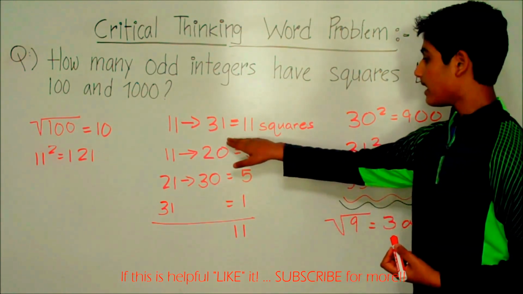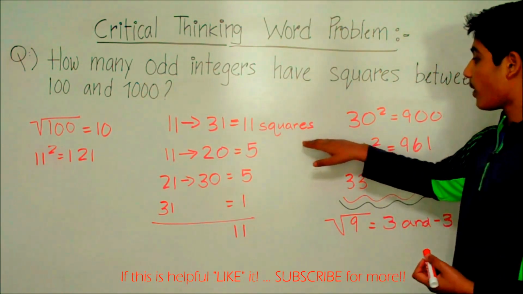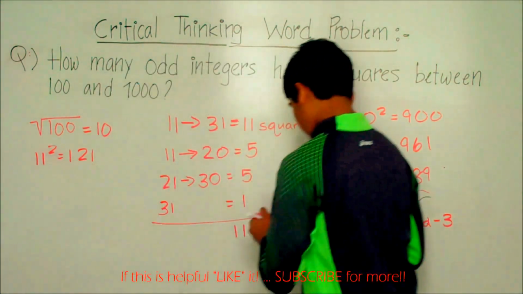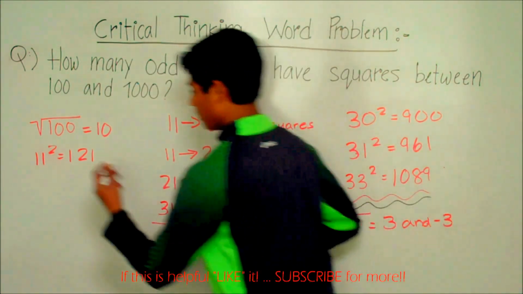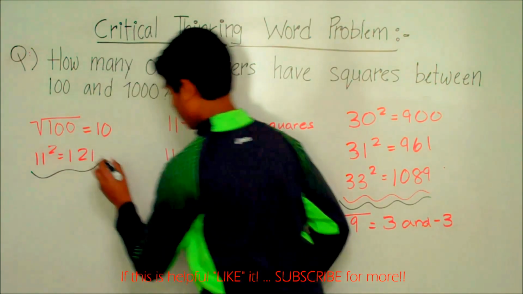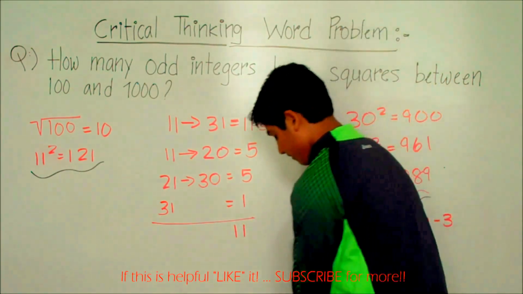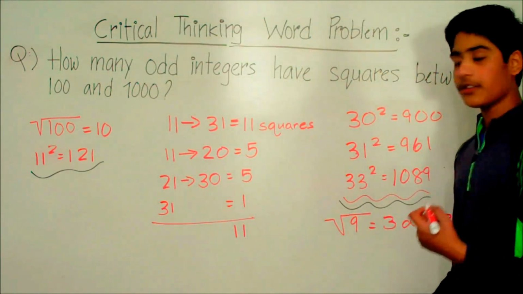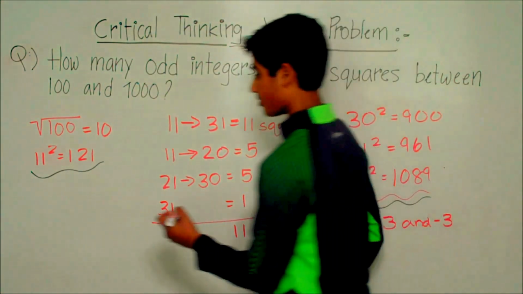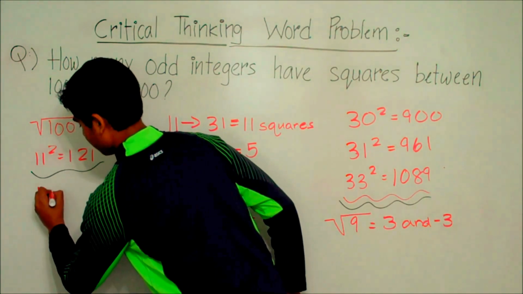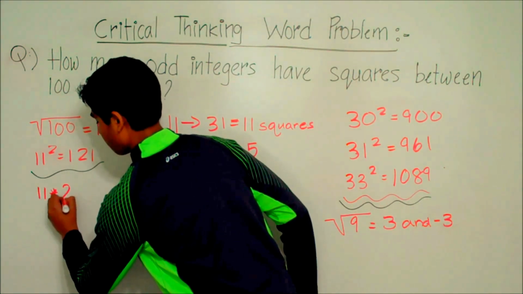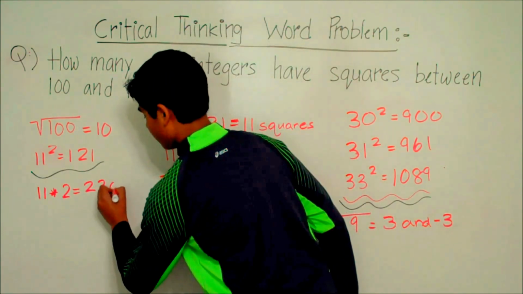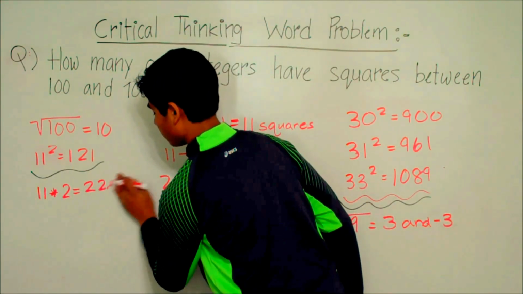So these 11 squares have 11 positive square roots and 11 negative square roots. So they have 11 times 2, which is equal to 22 square roots.